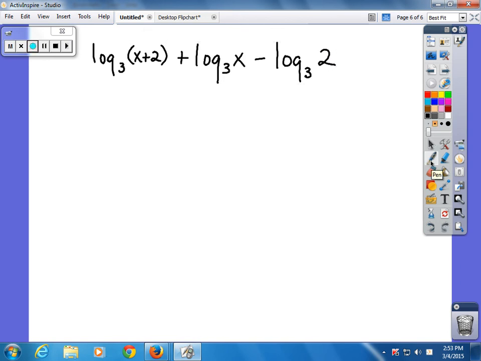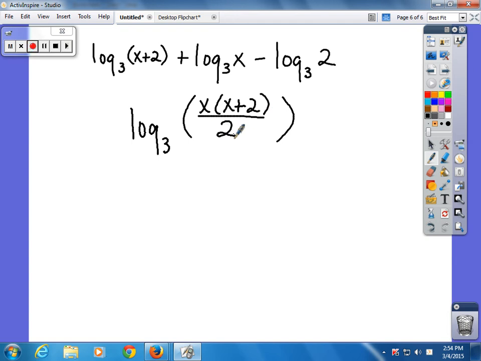All right, first one, we all have the same base. So that means we can rewrite this as log base 3 of whatever. I'm going to put it in parentheses, and that would be x plus 2 times x over 2.